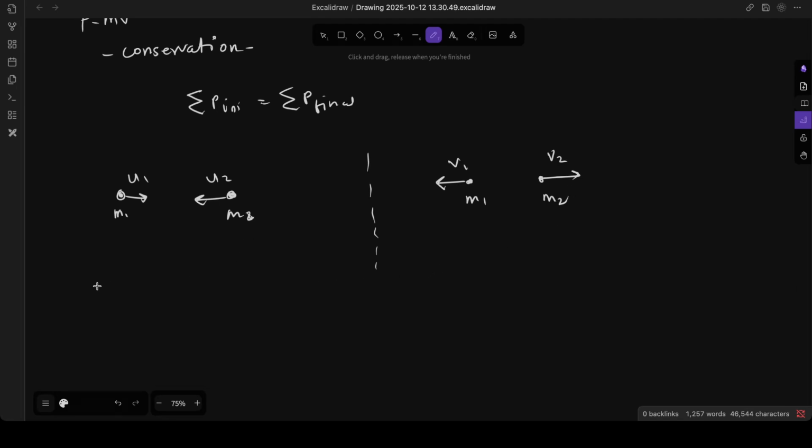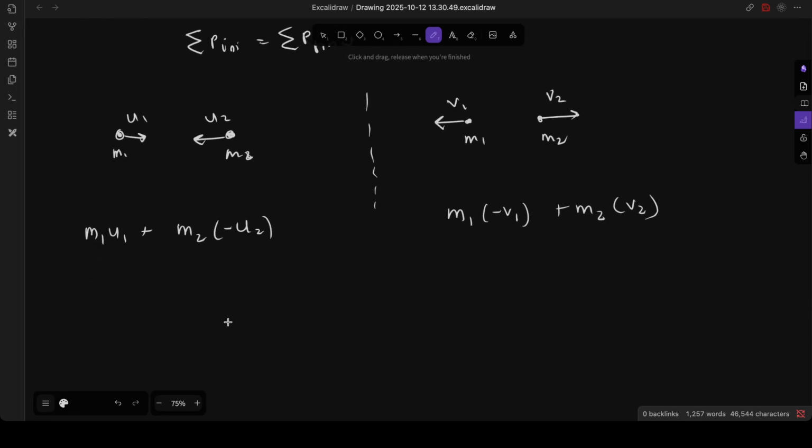Now the sum of initial momentum would be m1 u1 plus m2 and negative u2. As I said, velocity is a vector quantity, momentum is a vector quantity. We have to consider the direction. So u2 is moving toward the left, and I said my left would be negative, and my final momentum would be m1 negative v1 plus m2 times v2.